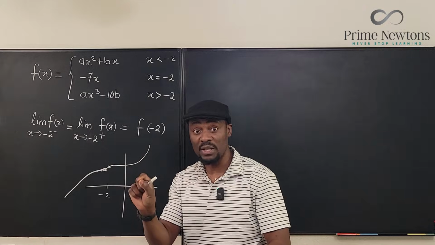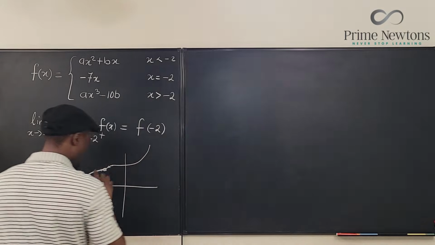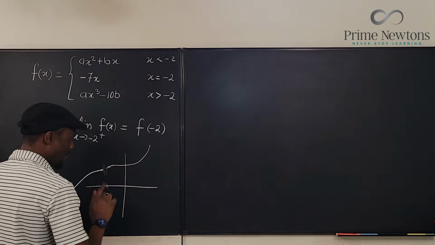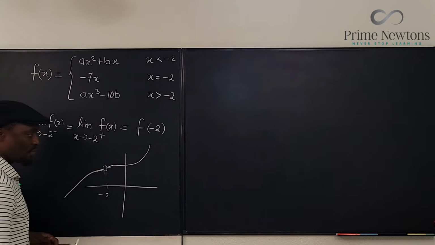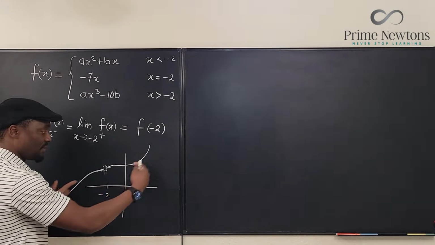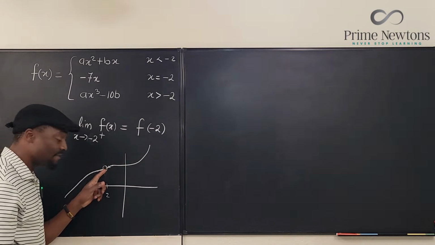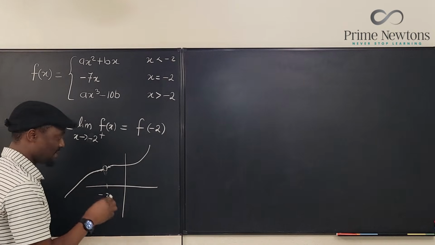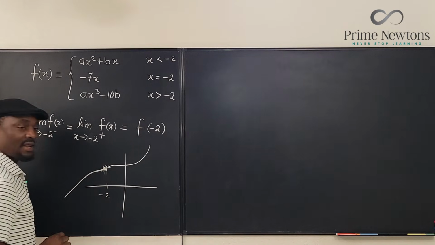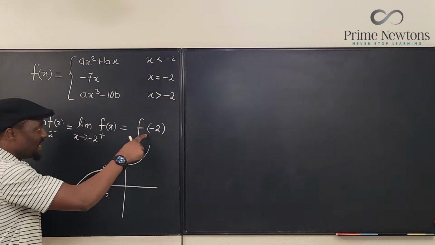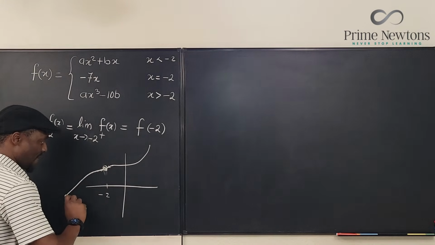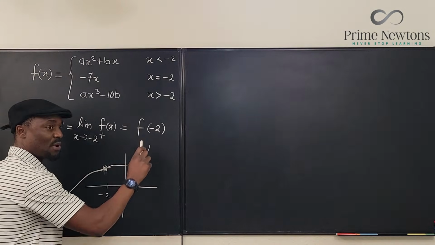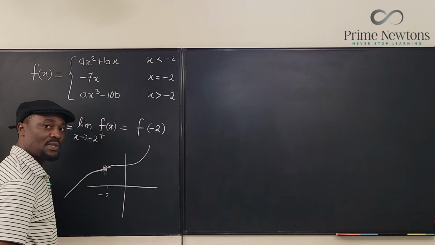You can have a hole in the middle. For example, if there was a hole here, you will still say the limit exists because both of them are going to the same point, even if the point does not exist. But for the function to be continuous, there has to be a defined point, which is what this is. That's what makes the car travel through this road without falling into a ditch.